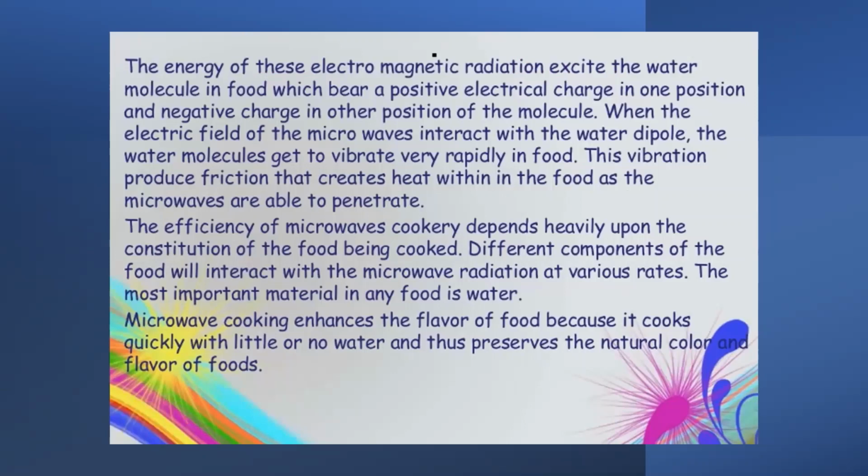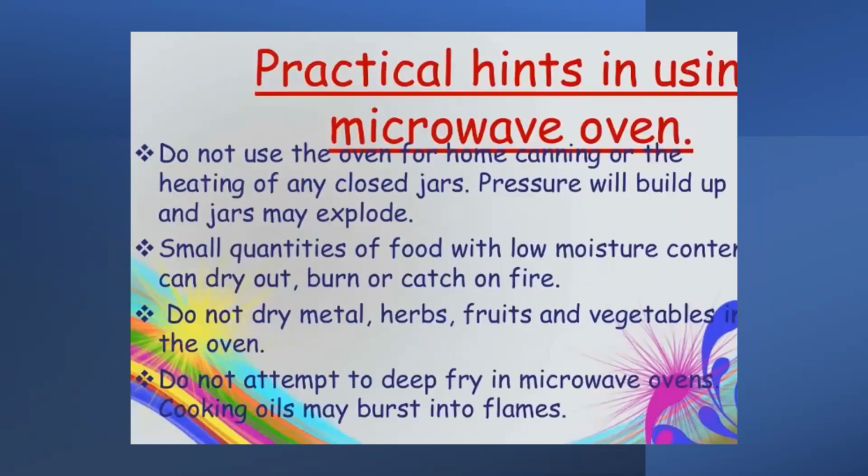The efficiency of microwave cookery depends heavily upon the constitution of the food being cooked. Different components of the food interact with the microwave radiation at various rates. The most important material in any food is water. Microwave cooking enhances the flavor of food because it cooks quickly with little or no water and thus preserves the natural color and flavor of foods.